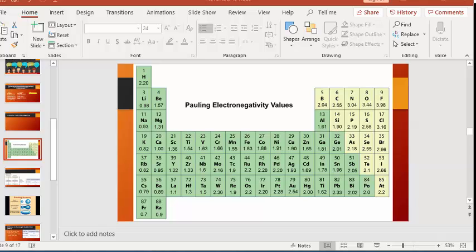So let's just talk about polarity for a second, because that's what this assignment was about. Polarity has to do with the pull of the electrons into the valence shell. So in covalent bonding, remember, the electrons are being shared between two nonmetals, but they're not always shared equally.